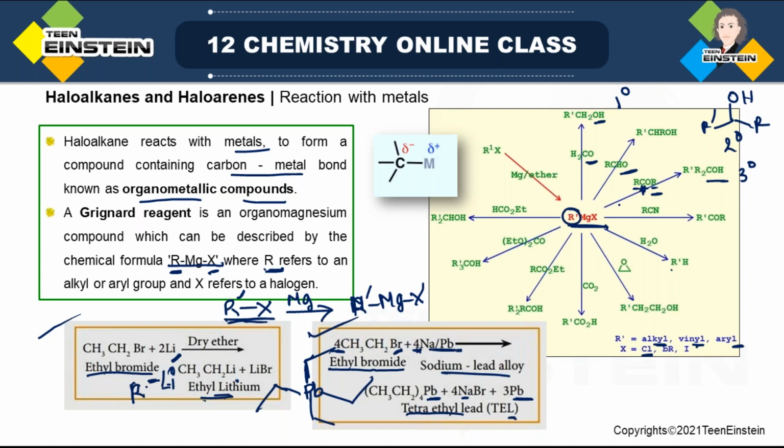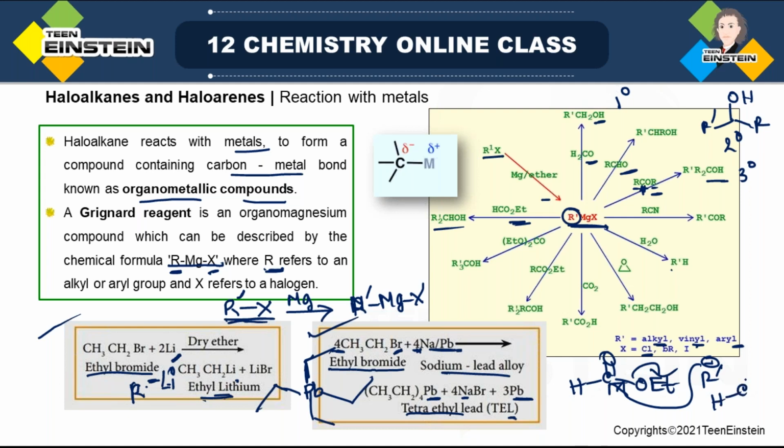Next, if it is treated with ethyl ester, HCOOEt, now you are getting again an alcohol. And the red arrow that you are using is actually the preparation method for R'MgX starting from R'X. So when it is reacting with HCOOEt, this is the ethyl ester of formic acid, the reaction is like this. This R'- of R'MgX will attack this carbonyl, sorry, this one. This OEt will be removed.